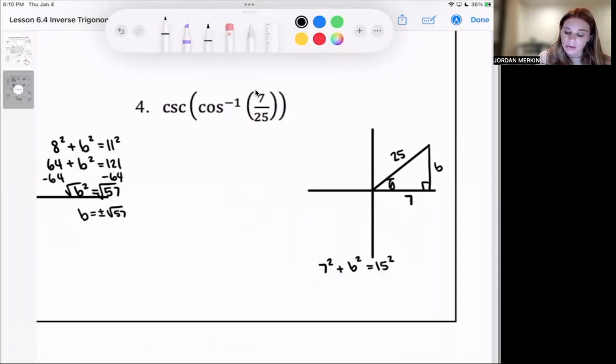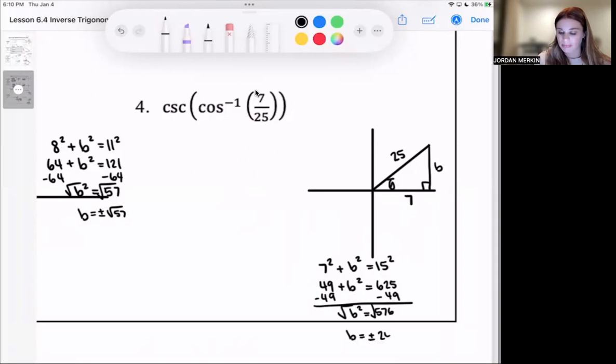We end up with 49 plus b squared equals 625. Subtract 49. We get b squared is equal to 576. Square root both sides, and b equals plus or minus 24.